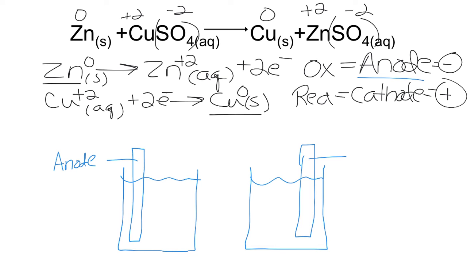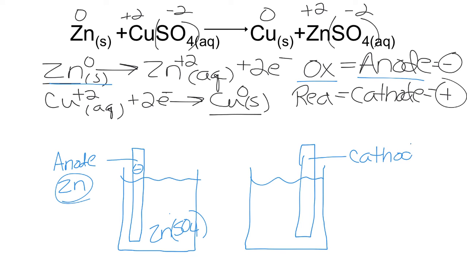So we have to put the zinc sulfate solution. This is where zinc metal would be, and the zinc sulfate solution. The anode is the negative electrode. Okay, other side, this would be the cathode. And the cathode is where reduction occurs.